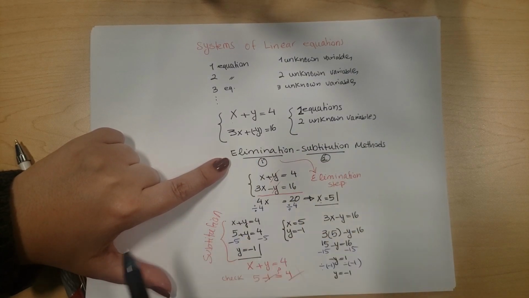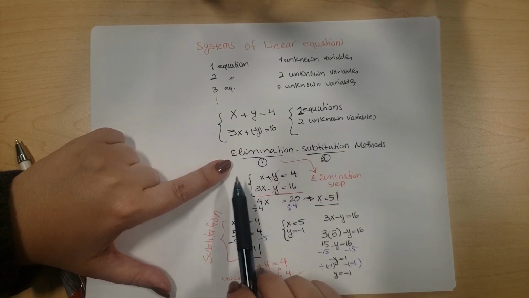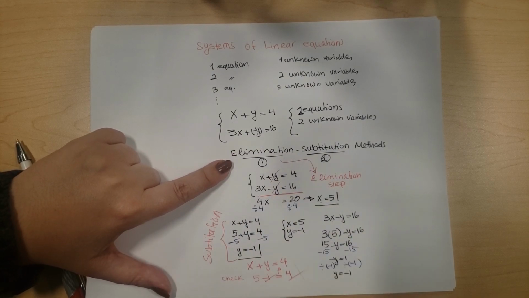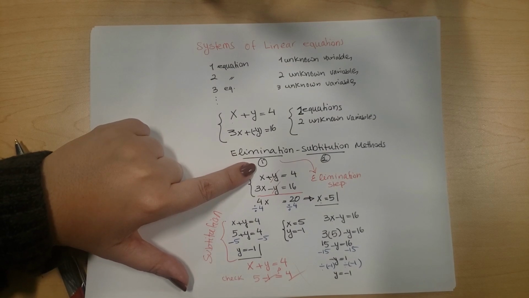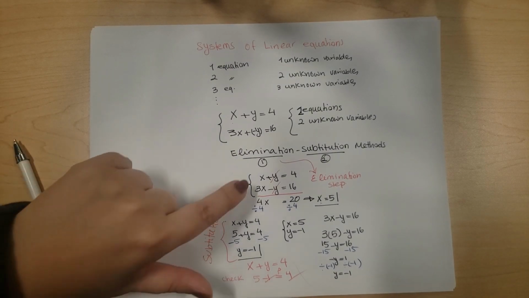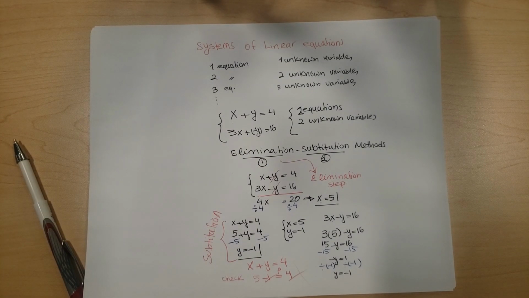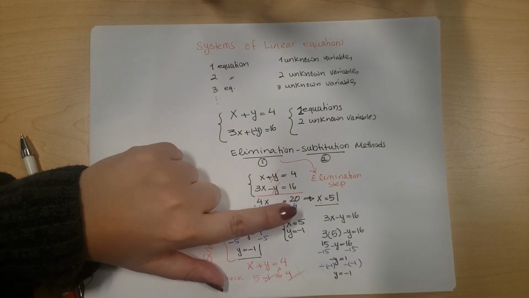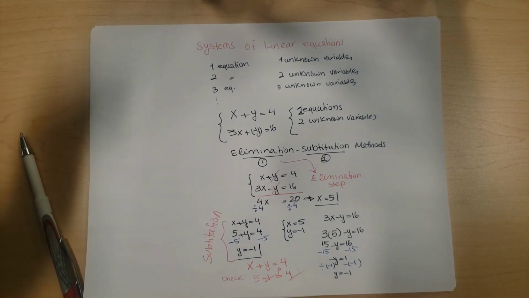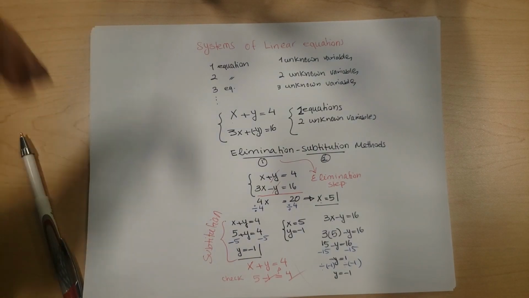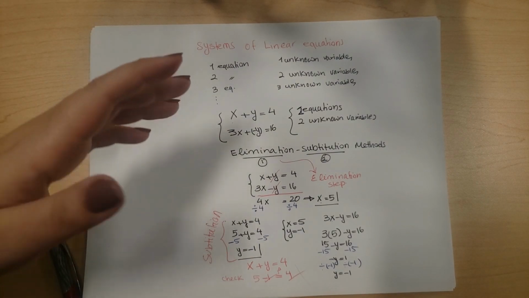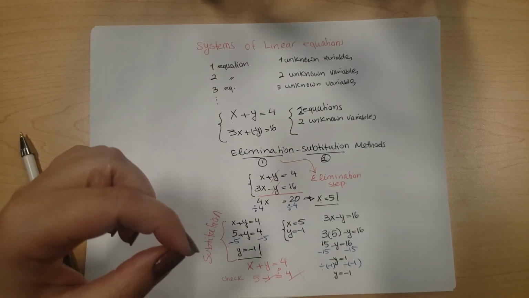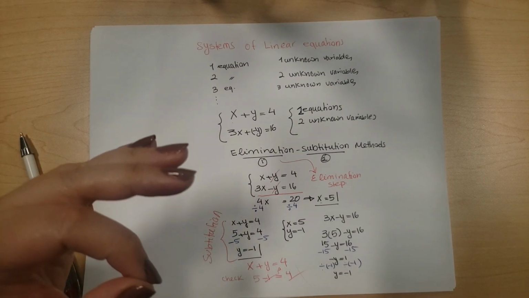Okay, so this method has 2 parts, elimination and then substitution. In part 1, we try to eliminate one of the variables. Which variable should I eliminate? It's up to you. It's a matter of preference, but try to be smart when choosing the variable.